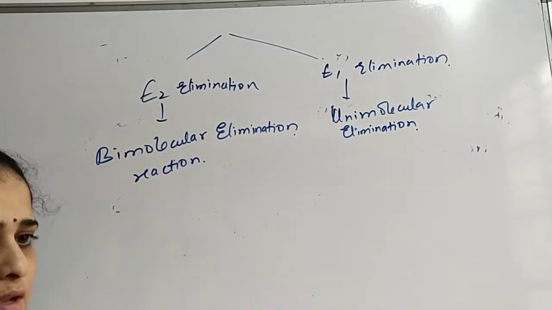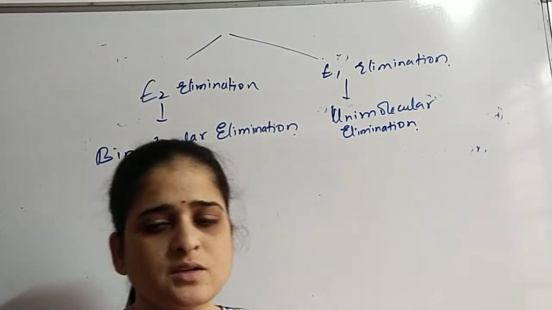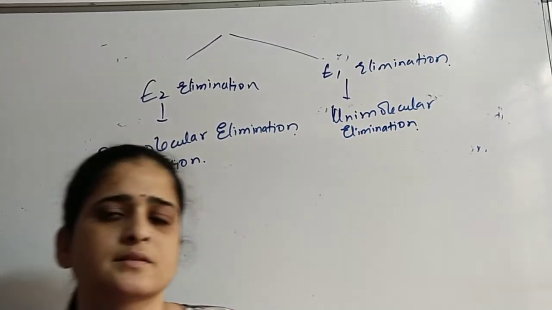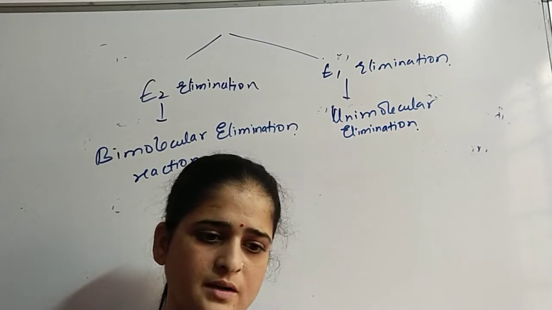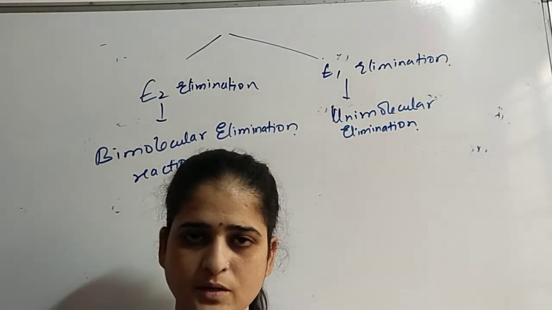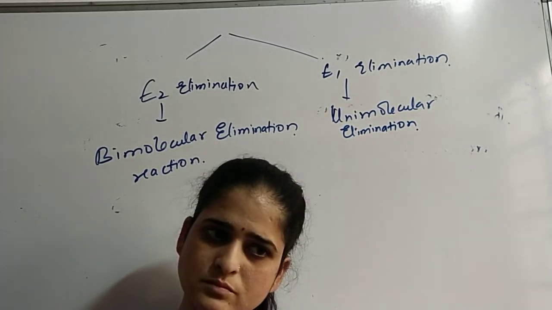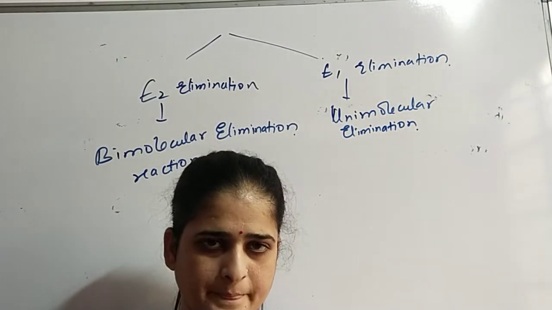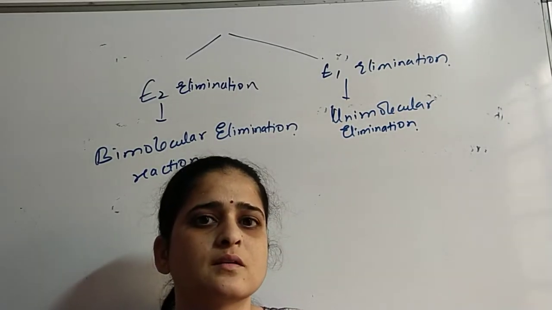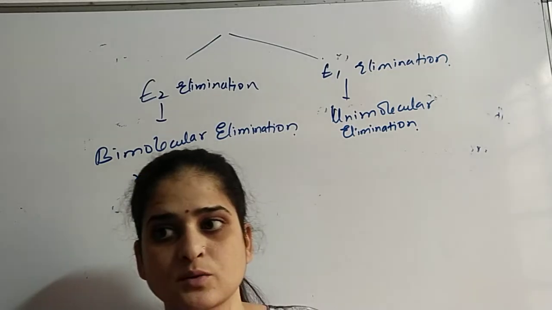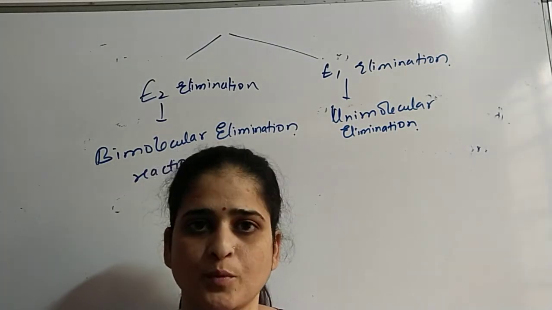See, when we study the rate of the reaction, we use chemical kinetics. According to chemical kinetics, if the rate of reaction depends upon two species, you can call it bimolecular. But if it depends on only one, then it's called unimolecular.